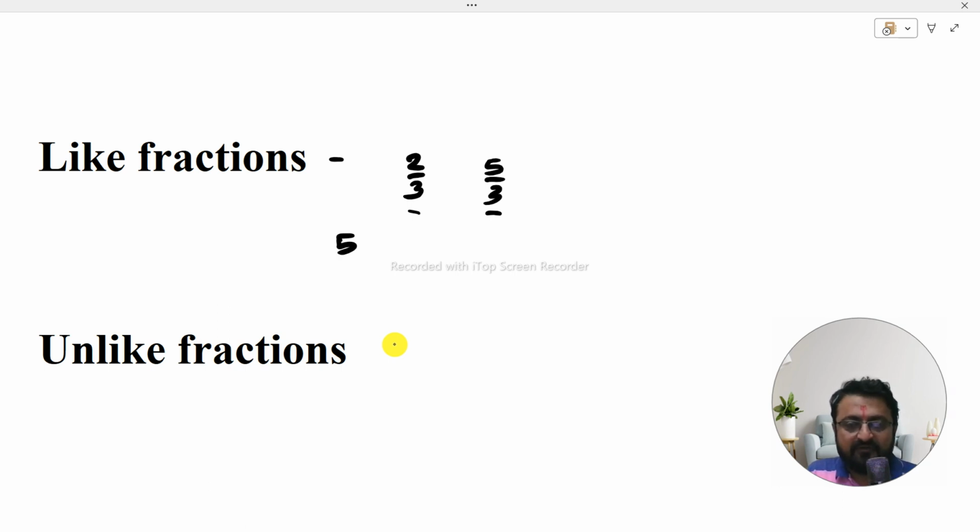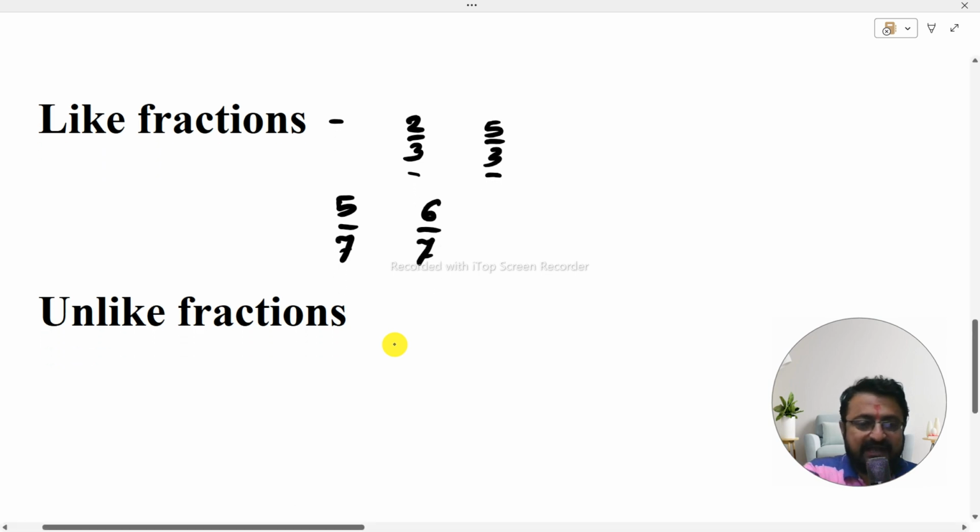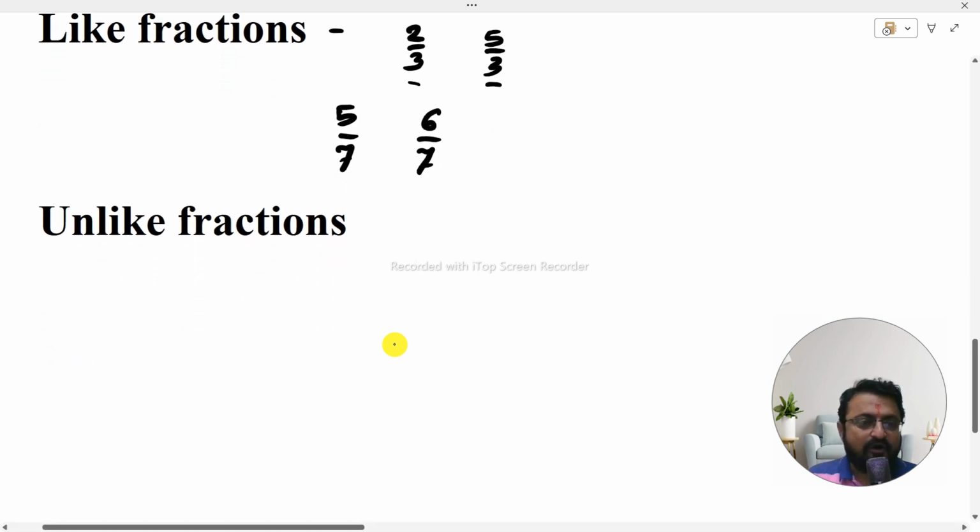See, I will write one more example, 5 by 7 and another 6 by 7. So 5 by 7 and 6 by 7, these both are also like fractions. So now, by default, you can assume the answer for unlike fractions. If fractions have different denominators, then they are called unlike fractions.